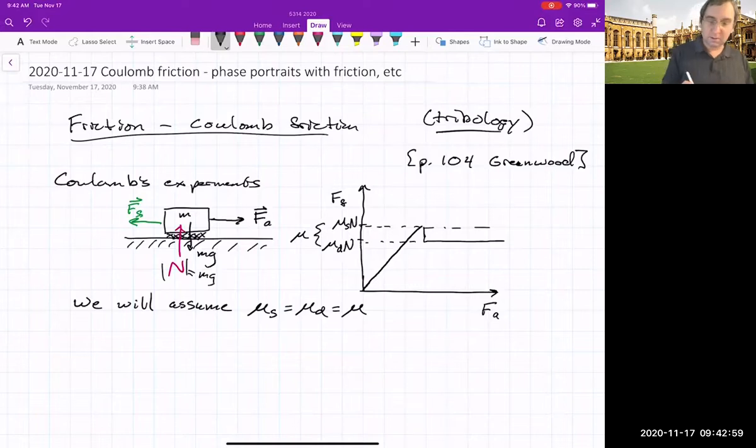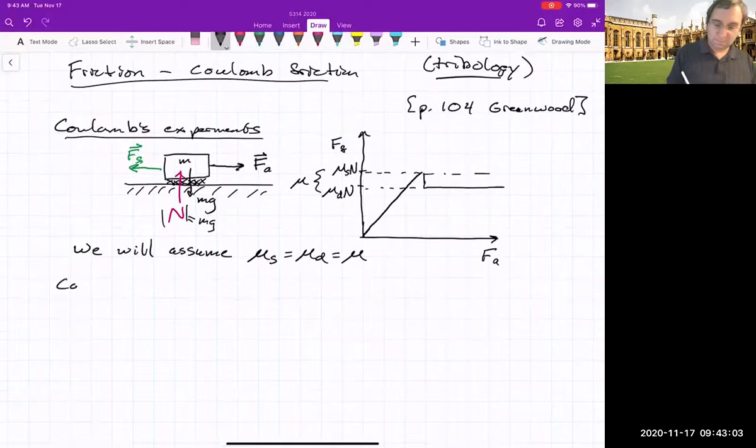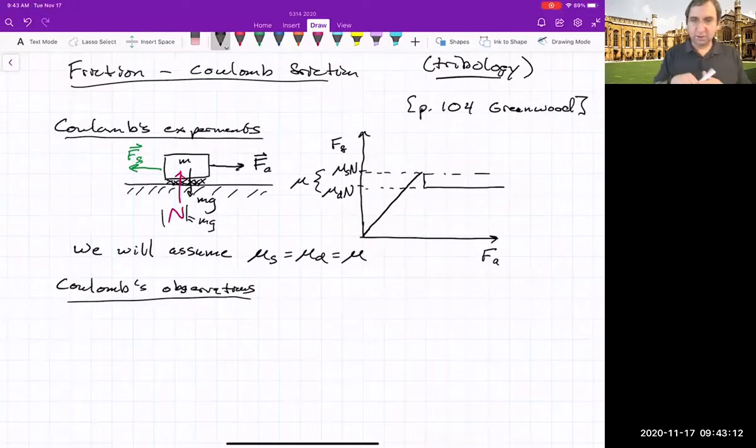What Coulomb observed, we could just try to summarize that. He tried different things. I've got some things here maybe we'll look at, like an eraser, and then a block of wood, and I guess my earpod case.